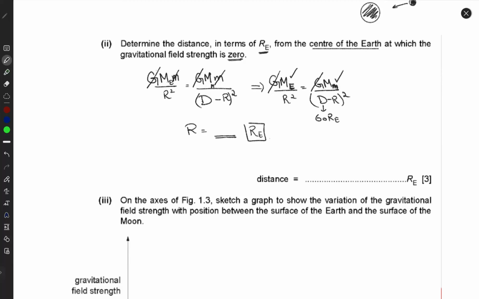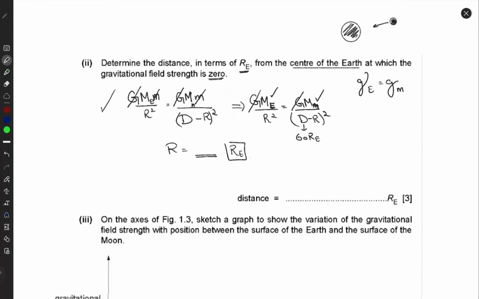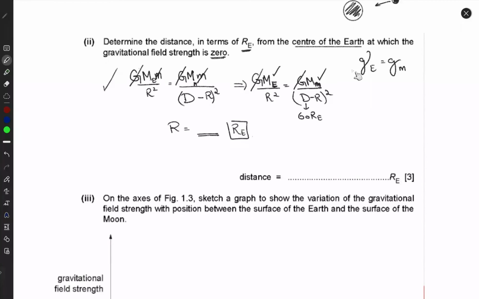Or we could have directly talked in terms of gravitational field strength, saying that this would be equal to this, right? Earth would be equal to Moon. So we could have gotten it from there. We would have directly written this equation, or if we talk in terms of force, then we just cancel out something and we again come back to the gravitational field strength expressions.